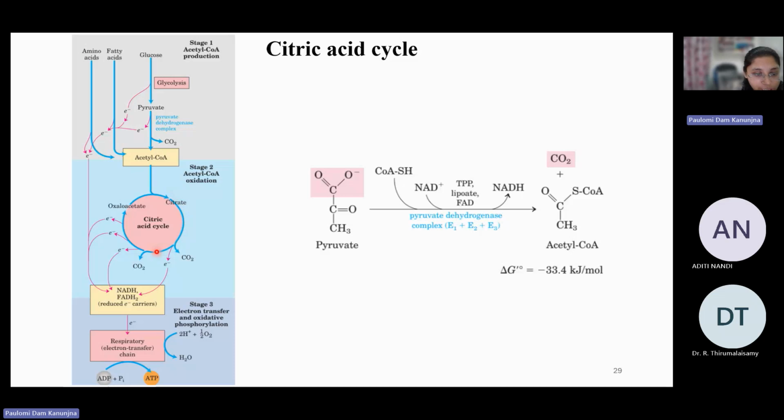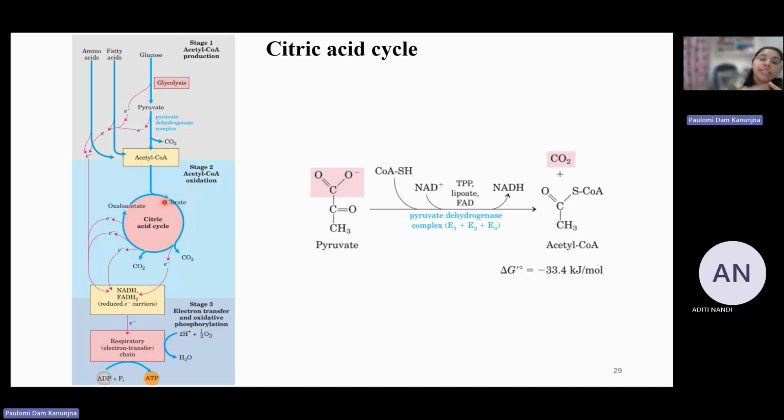Now, it is used in this cycle, and as we will see, the steps take place. You have NADH and FADH2 forming, and this is what will ultimately lead to the formation of ATP. So right now we have already done the first step. We will now look into the second step, right? This is how you connect all the 3 major pathways that we will be looking into.